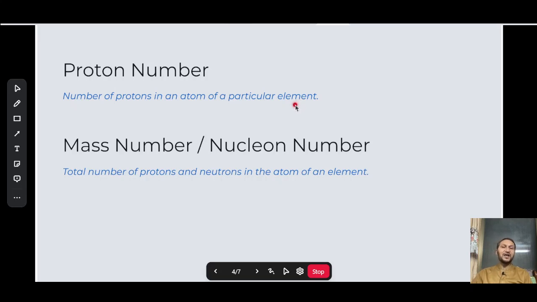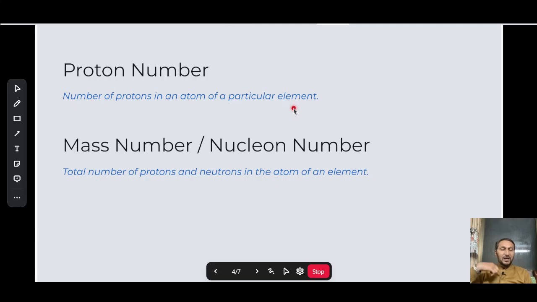For instance, if I say hydrogen, its proton number will be 1. If it is helium, its proton number is 2. Lithium has proton number 3. If it is 4, it must be beryllium, nothing other than beryllium. If it is 5, it is nothing other than boron.